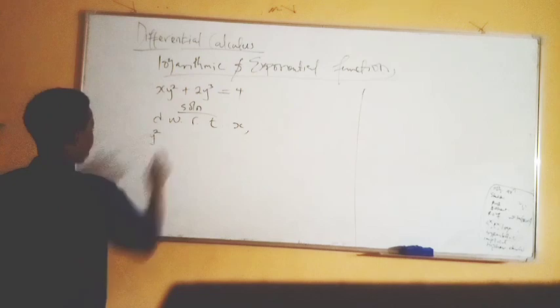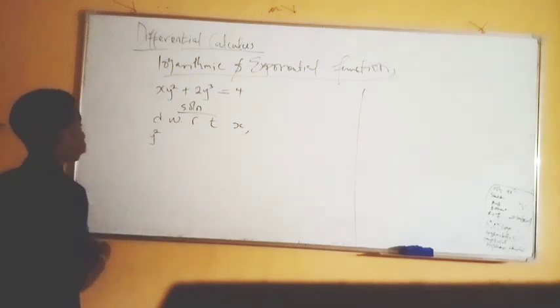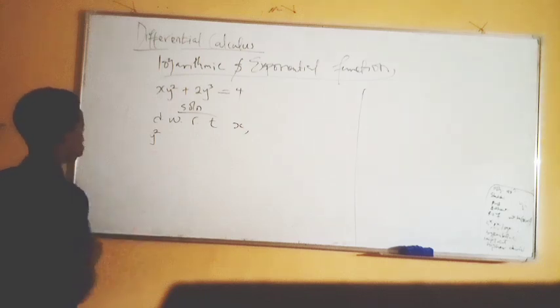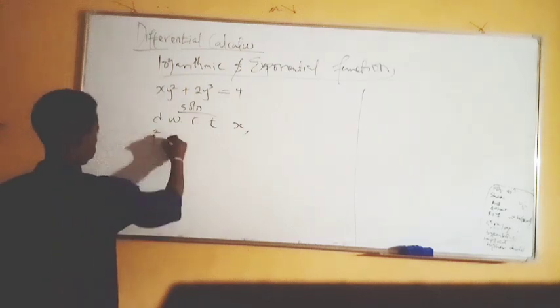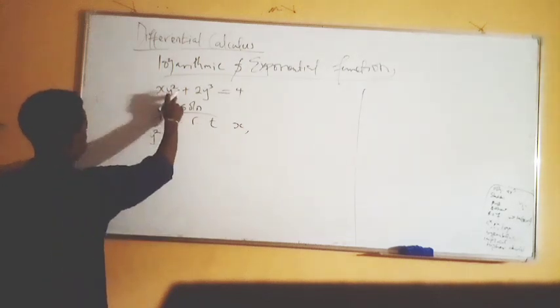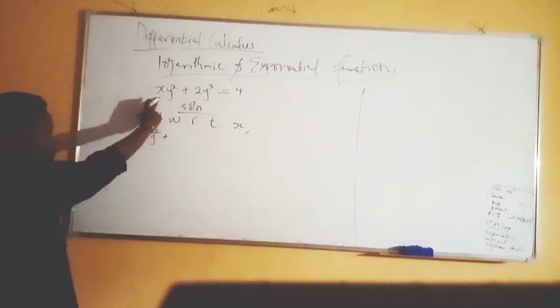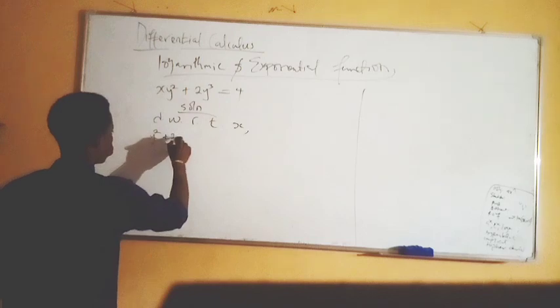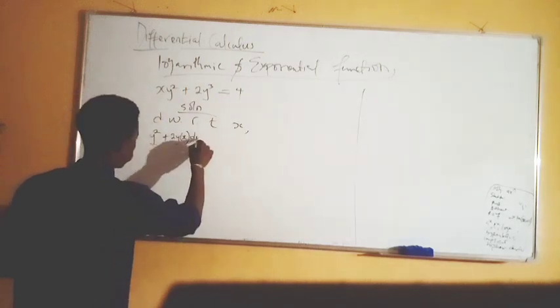Now, I differentiate the function again with respect to y, multiplied by the term dy/dx. If I differentiate y squared with x as a constant now, I'll have 2y times x multiplied by dy/dx.